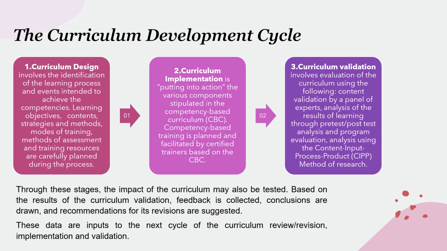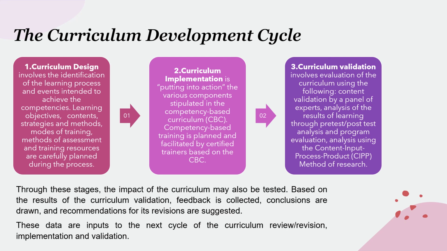And the third one is the curriculum validation. This involves evaluation of the curriculum using the following: content validation by a panel of experts, analysis of the results of learning through pre-test and post-test analysis, and program evaluation, analysis using the content input process product or CIPP, and method of research.